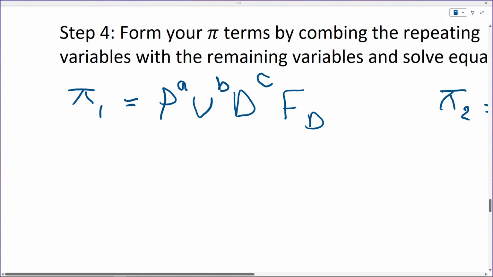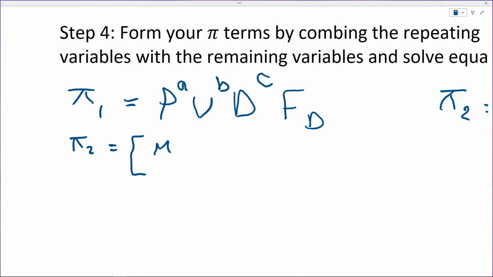So for example, take Pi 1. We know rho, and we know the dimension of rho: that's mass over L cubed, to the power of a. And v, velocity, what is the dimension? That's L over t, to the power of b.